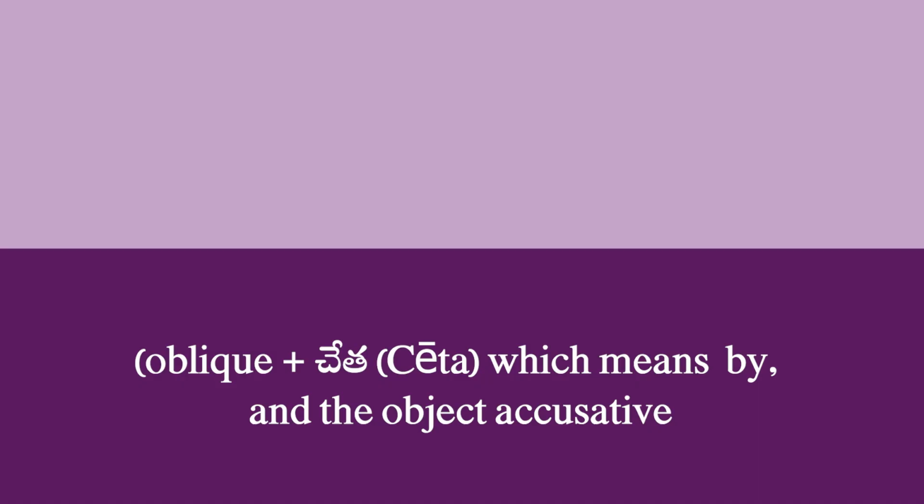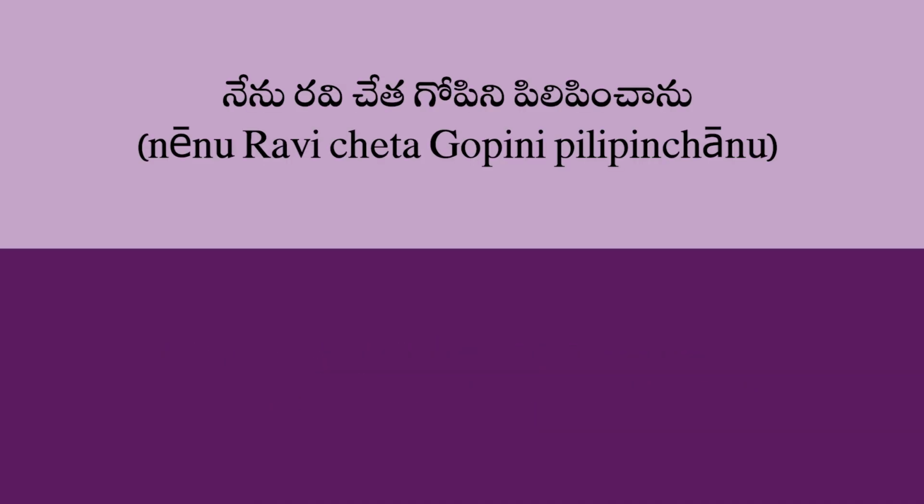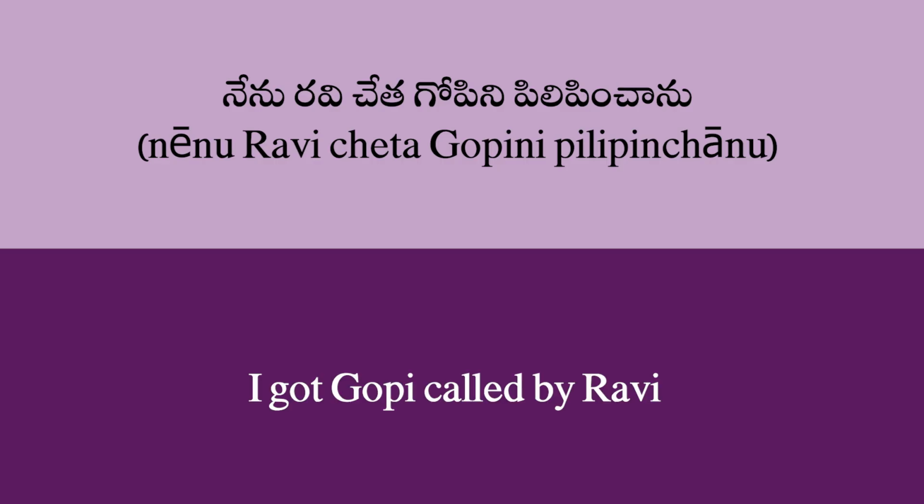Next explanation is that in causative constructions, a sentence may have three nouns: the initiator or nominative, the agent oblique plus cheta, which means by, and the object accusative. నేను రవి చేత గోపిని పిలిపించాను. I got Gopi called by Ravi.